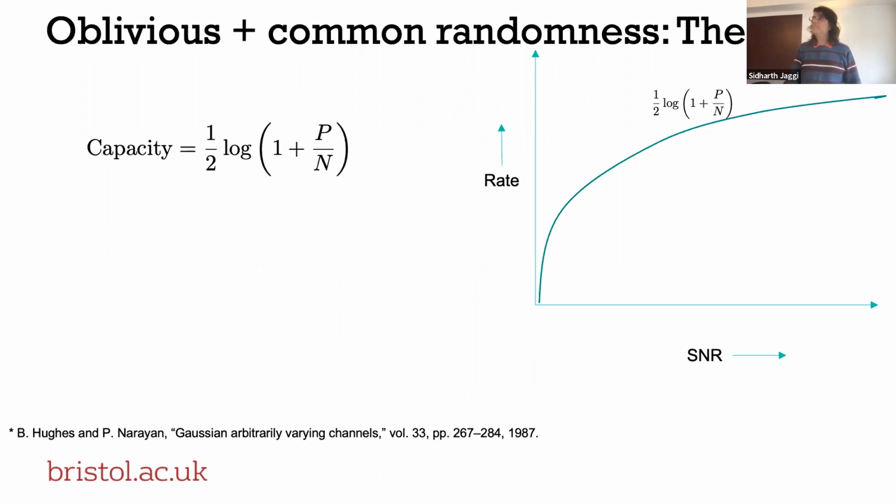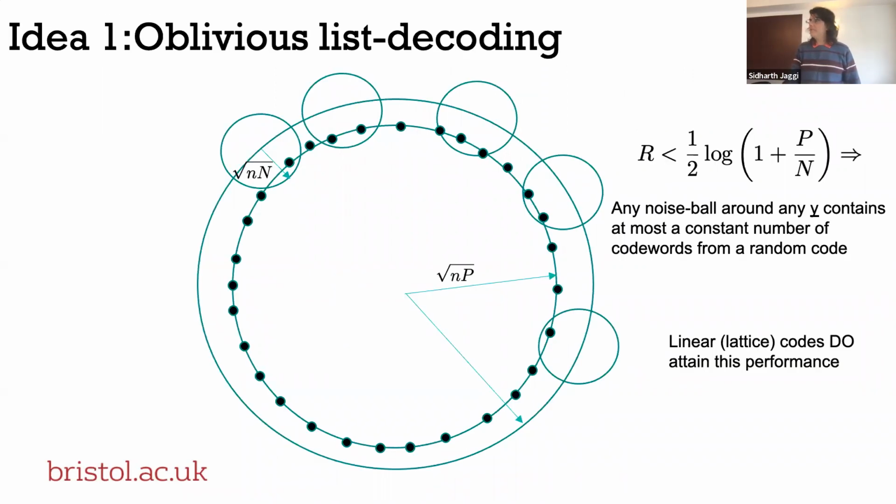He can never confuse you between more than a constant number of code words from the random code. There's some epsilon delta happening over here, but basically, if you try to get up to epsilon close to the Shannon capacity, the adversary cannot confuse you with more than 1 over epsilon code words, roughly speaking.